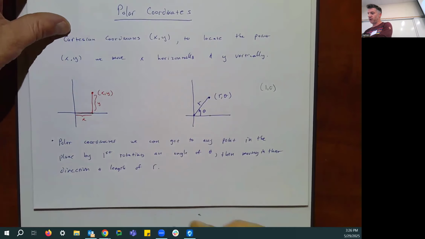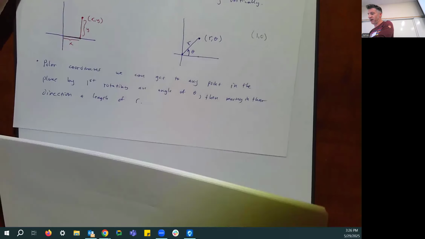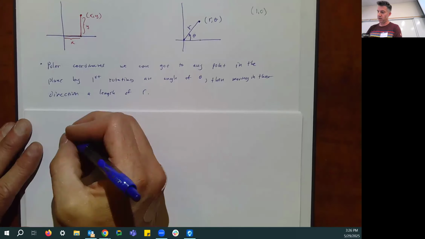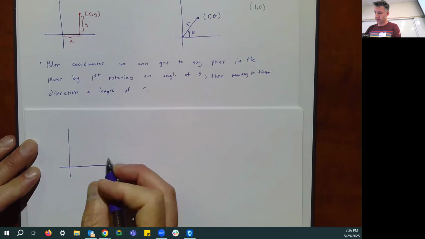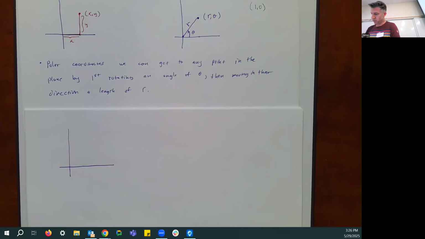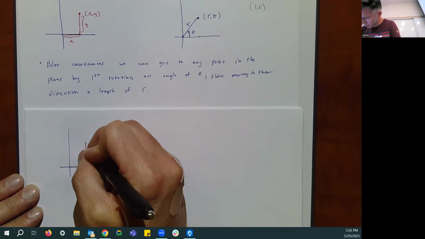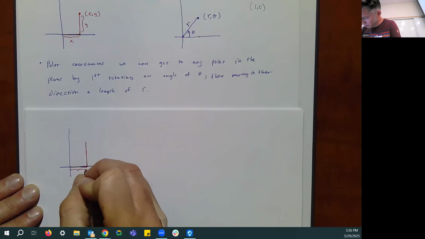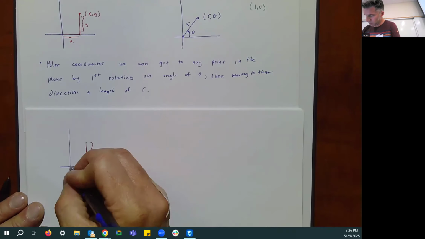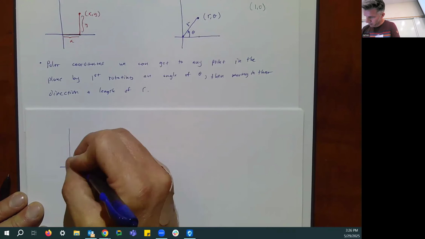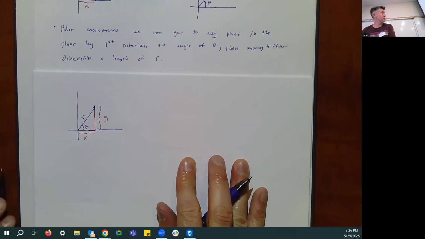If we put these two pictures on top of each other, we can find the relationship between our polar and our rectangular coordinates. None of this should be surprising so far.